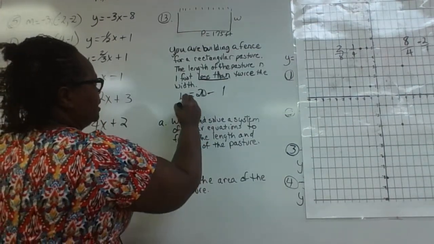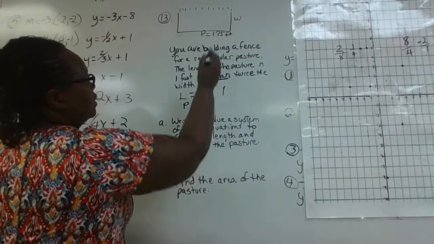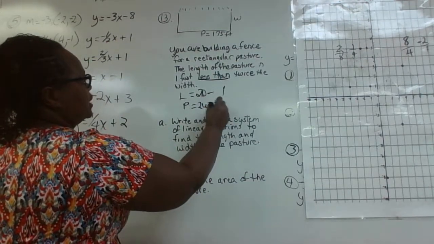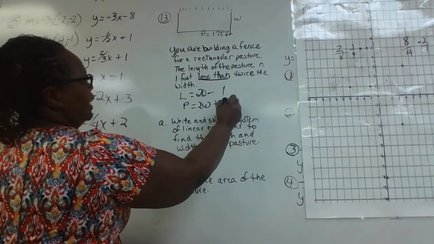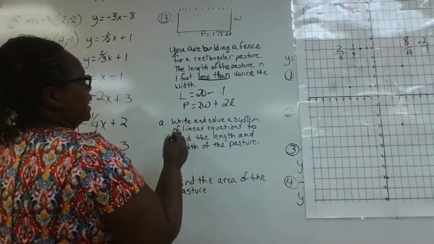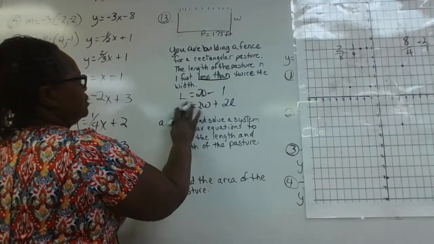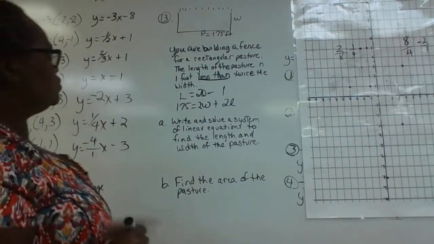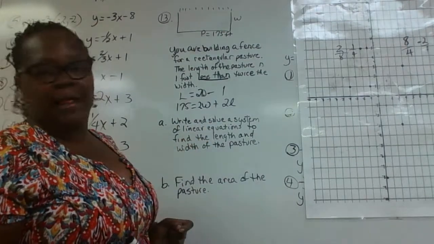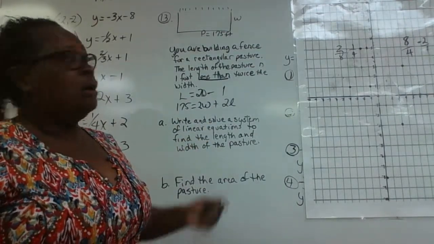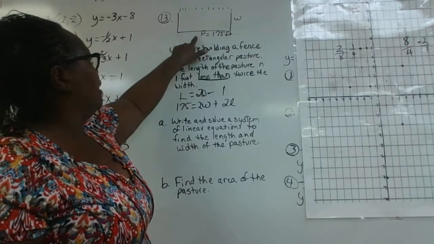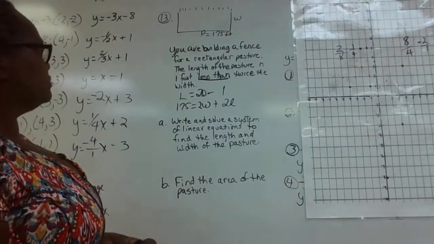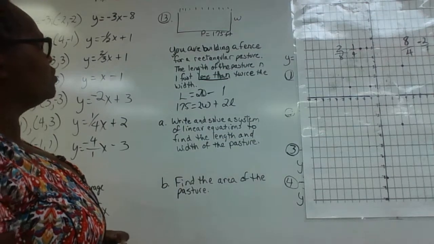So if we have P is equal to W, and we have 2 of them, plus L, we have 2 L's. All right, in this case, our P we know to be 175. So 175 is equal to 2W plus 2L, which will give us our total for our W's and our L's for this particular fence, okay? All right, for the total perimeter.